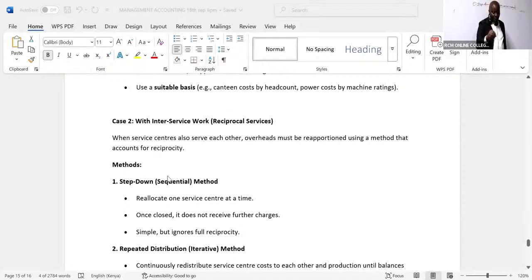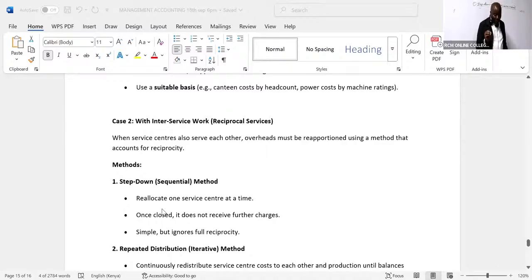Dash 1: reallocate one service center at a time. Dash 2: once closed, it does not receive further charges.